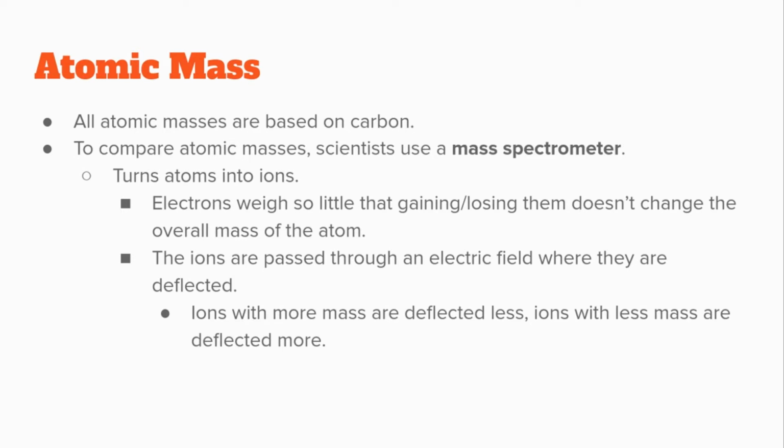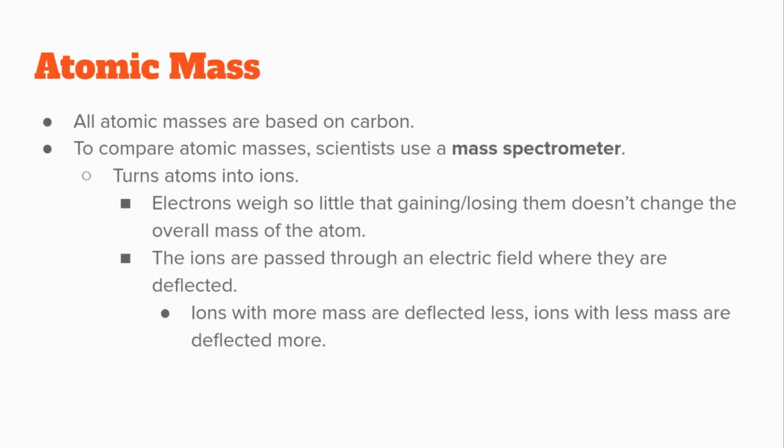In a mass spectrometer, the atoms are turned into ions. This is fine because losing or gaining electrons doesn't really change the mass of the atom, because electrons don't weigh enough to contribute to the overall mass of the atom.